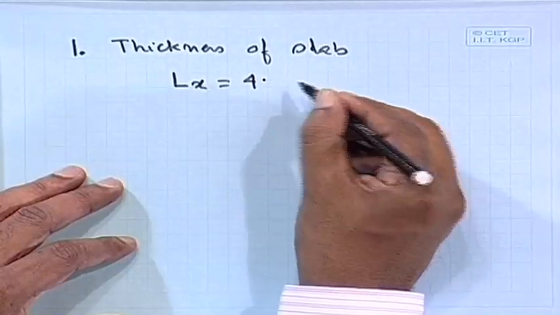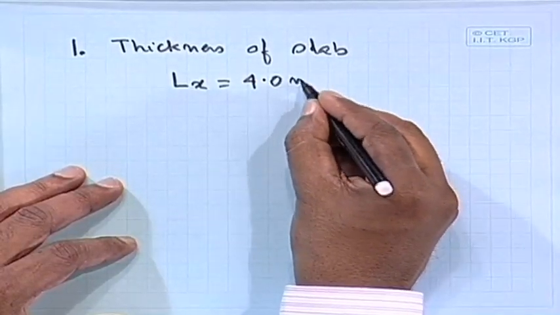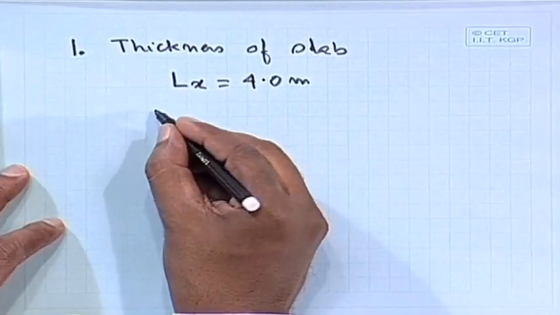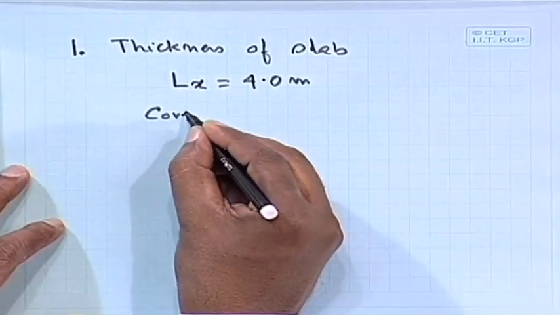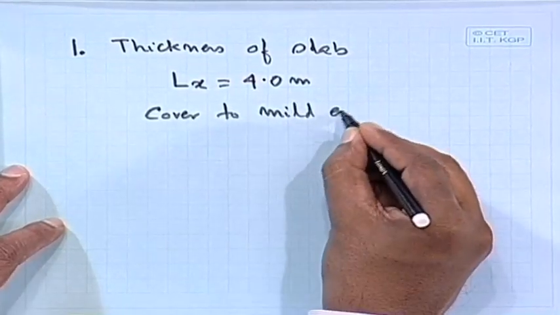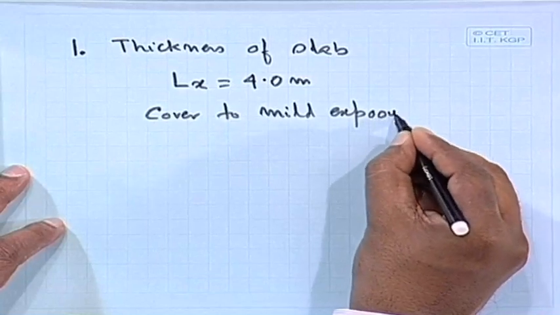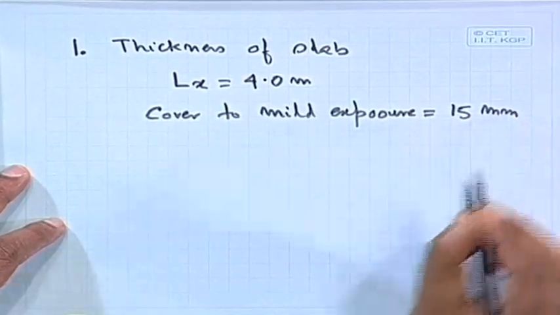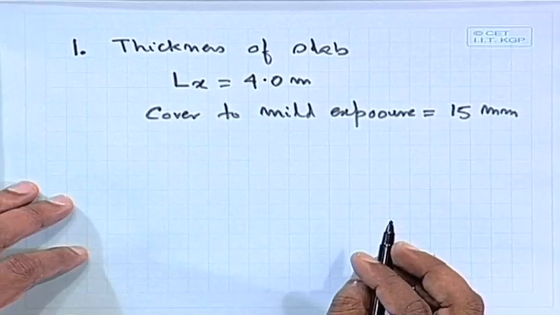If the width of the masonry or support is mentioned, then we have to calculate the effective span. But here we shall take it as 4 meter, and cover for mild exposure equal to 15 millimeter.